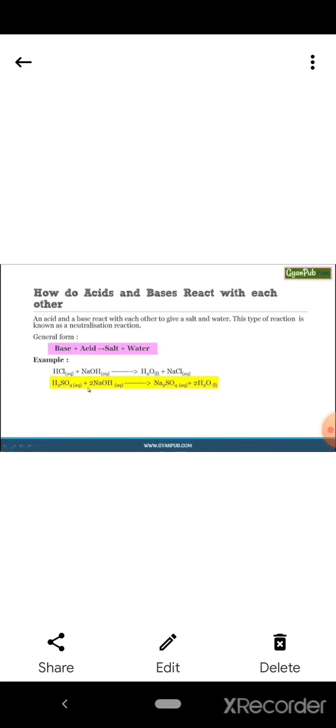Means we have to take dilute sodium hydroxide solution in a test tube and add 2 drops of phenolphthalein indicator to it. Now note the color. Then add dilute HCl solution to the above solution drop by drop. What you will see is that its color is changing slightly.